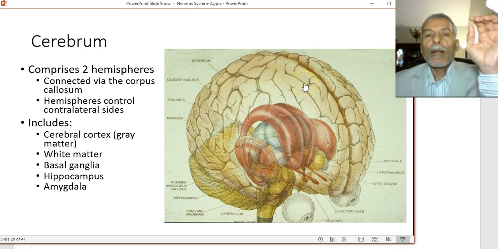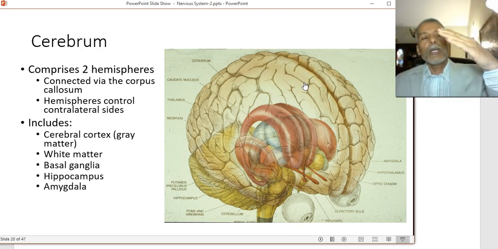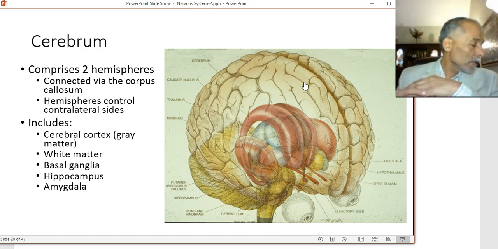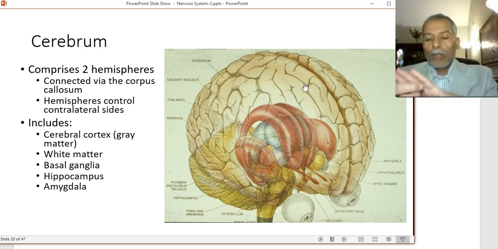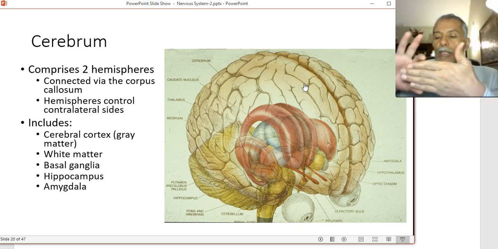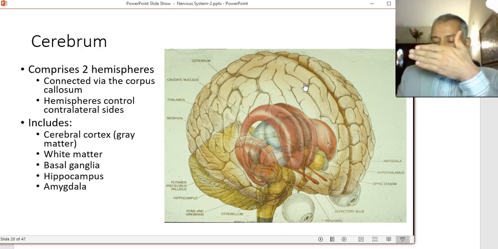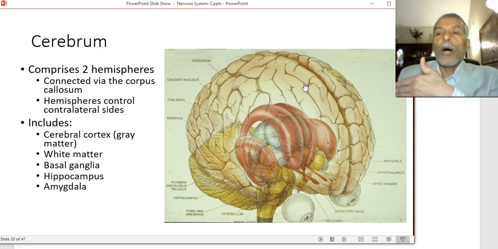And its color is gray, because of how it goes. You have the cerebral cortex, for example. Let's say it is like this. Let's say the thickness of it is like this. And now you are going to have cell bodies.